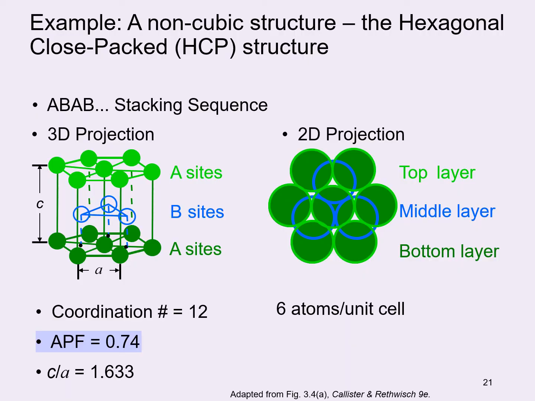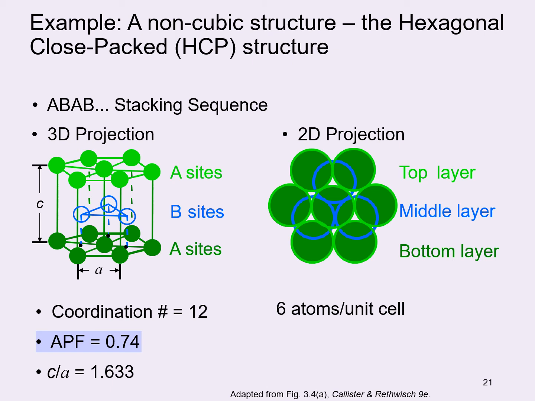Earlier I said I would go through the calculations to fully define the models for 3 unit cells that were cubic, and I would show you one additional non-cubic unit cell. Here is the example of a non-cubic structure called the hexagonal close packed structure. You'll notice that the top and the bottom layer of this particular unit cell has the atoms arranged in a hexagonal form.